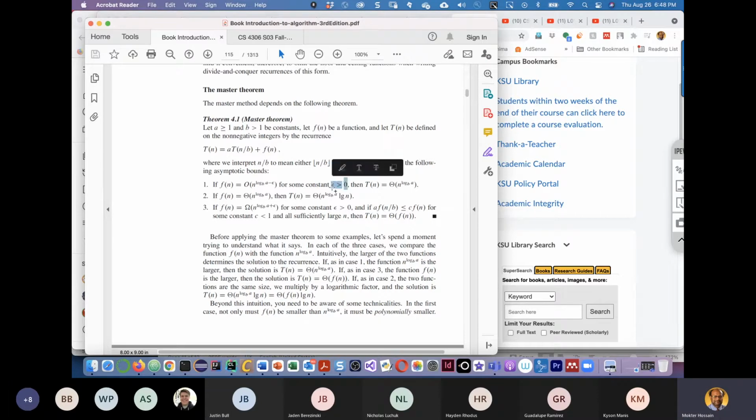Epsilon can be a whole number or a decimal number, but it is greater than 0. If our f(n) is something like this, and if we can find an epsilon value, then T(n) will be theta of n to the power log of a with base b.